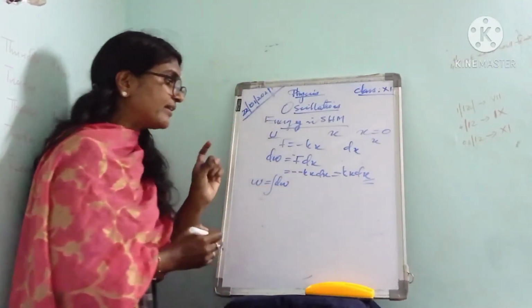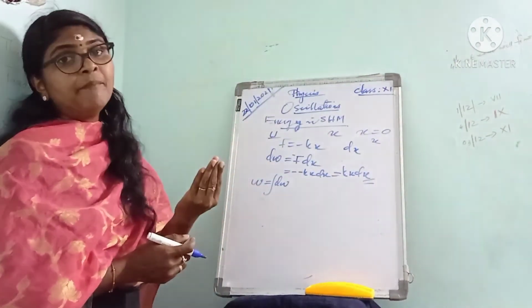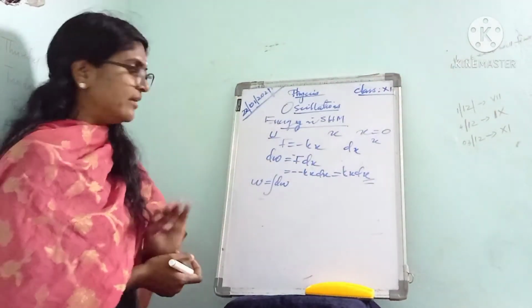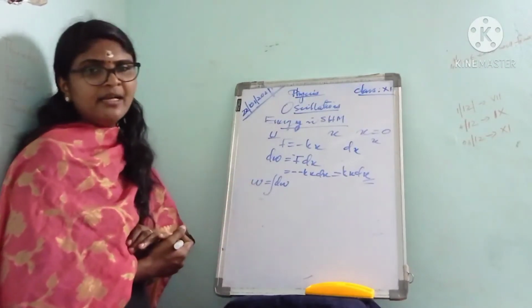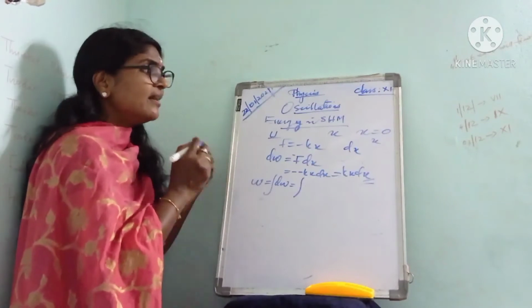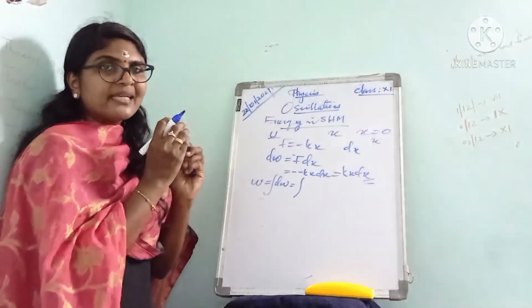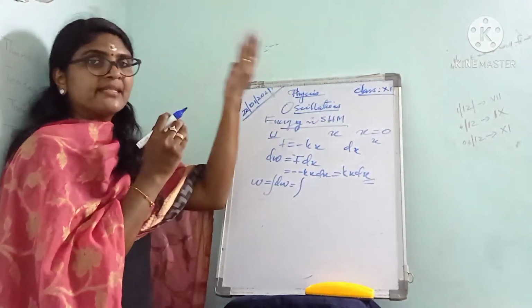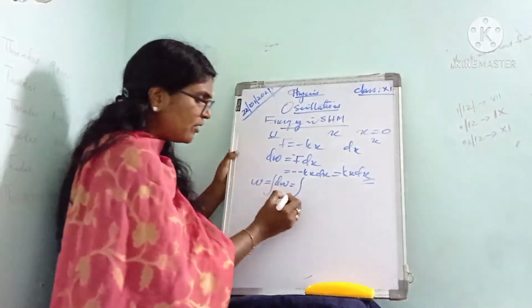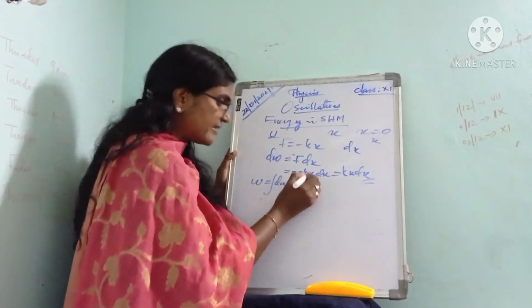To find the total work done, we either take a sigma or take integration. Here we are taking the integration. Next we put the limits, because here the displacement is from 0 to x. So the lower limit is 0 and the upper limit is x.